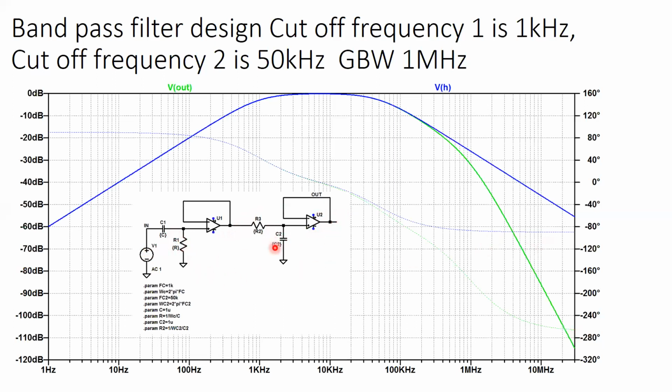So I think because it's a bandpass, if it were a second order low pass, I'd be at minus 180, but the bandpass doesn't quite behave like that, right?